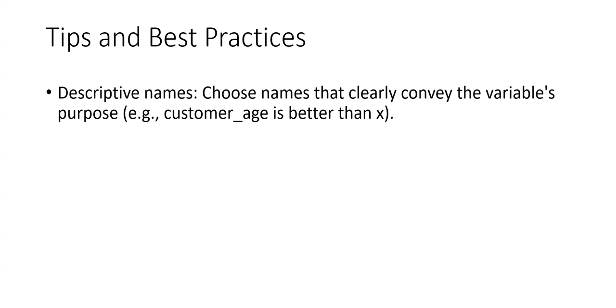By that I mean choose names that clearly convey the variable's purpose. As an example, if I use customer_age as my variable name, that is better than using x. So one tip that I can give you, kindly use descriptive names so that a reader of your code can easily understand what you mean.